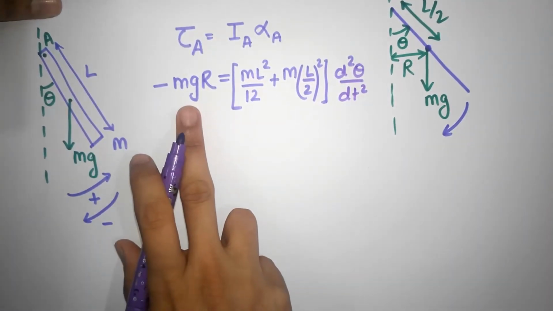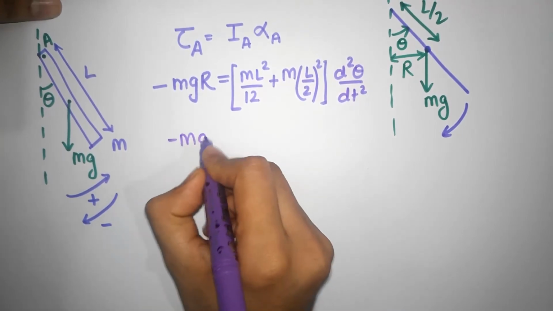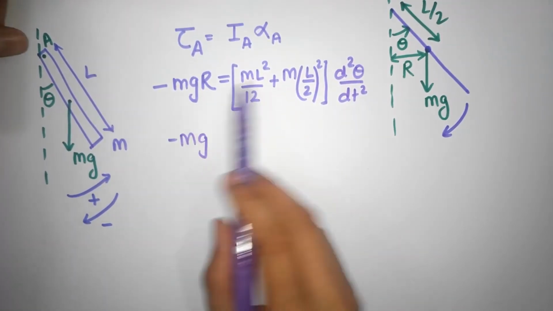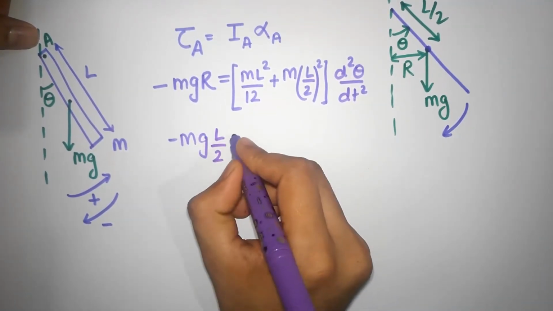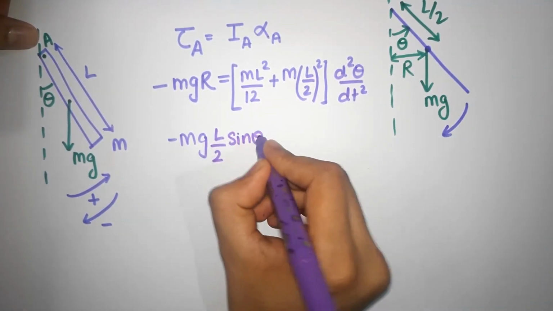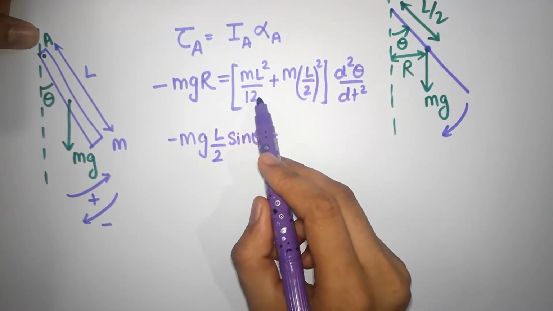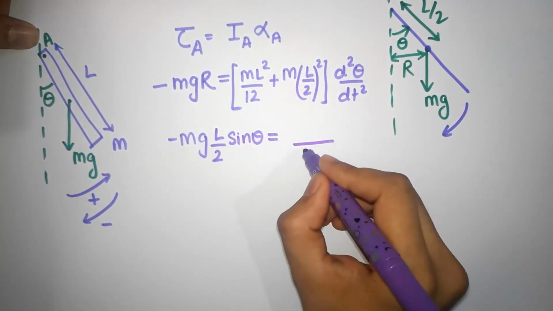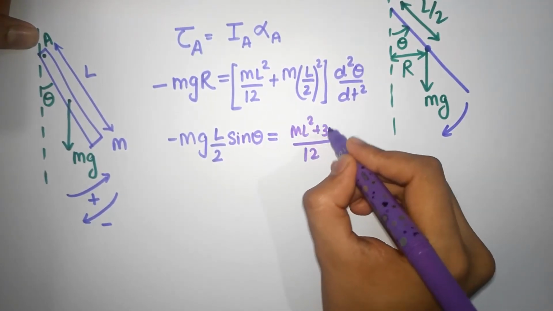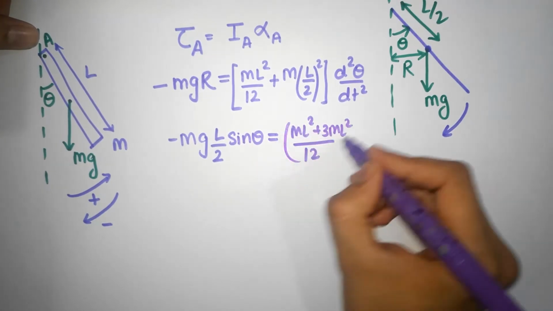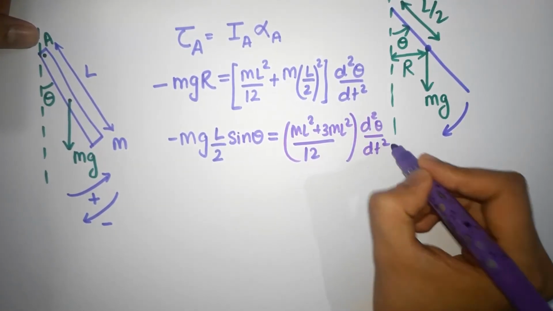Okay, let's see. We have minus mg, and you have r, and r is nothing but L by 2 sine theta. So minus mg times L by 2 sine theta should be equal to ml squared by 4 plus ml squared by 12. You take a common denominator, you get 3ml squared plus ml squared, times d squared theta by dt squared.